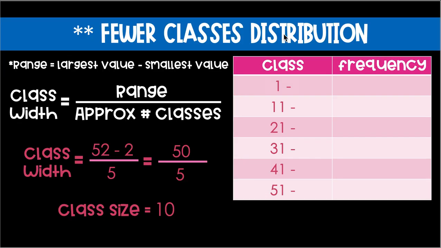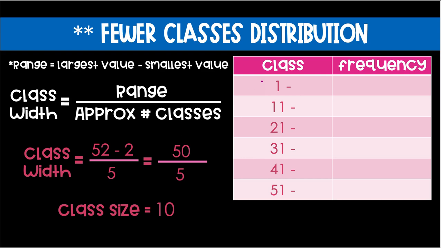Now, remember, you choose the desired number of classes. Let's suppose I want 5 classes. I'm going to divide my range, which was the largest value minus the smallest, in this case, by the approximate number of classes. I want 5 classes, 50 divided by 5, 10. So each of my classes is going to have width 10.